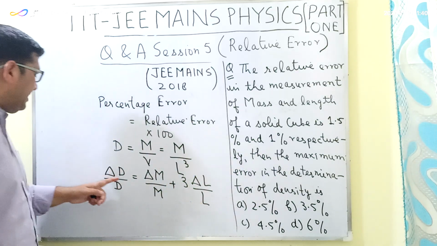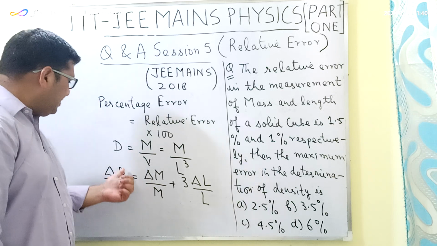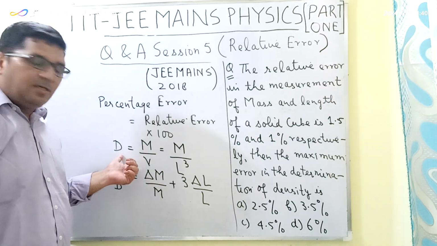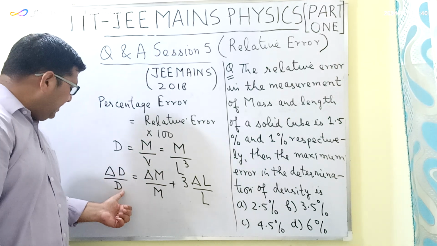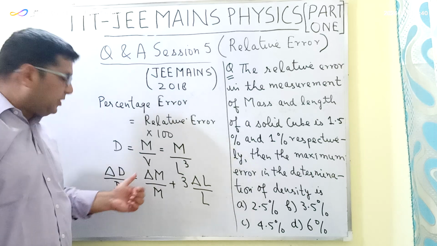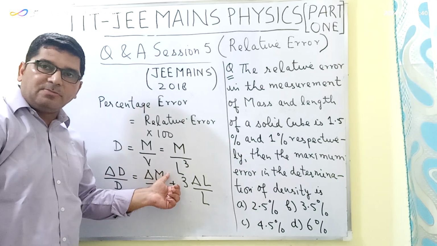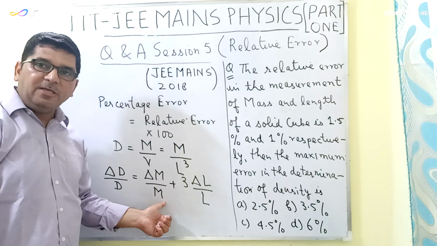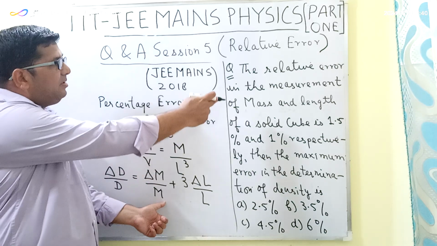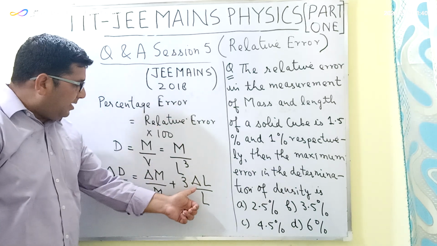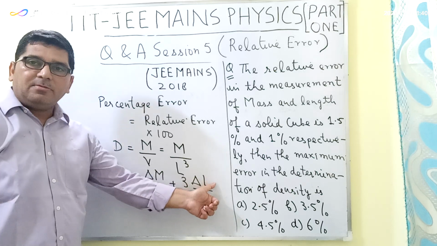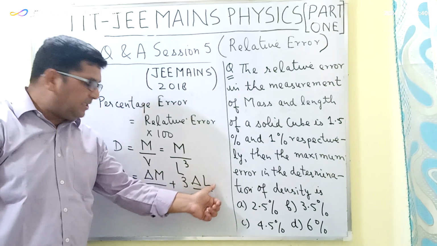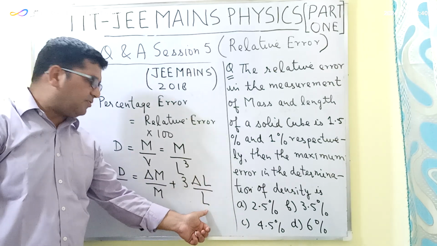Now what is here delta D? Delta D is the absolute error in the measurement of D. D means density. D is the density of the cube. Delta M is the absolute error in the measurement of the mass, and M is the mass of the cube, and delta L is the absolute error in the measurement of length, and L is the length of each side of the cube.